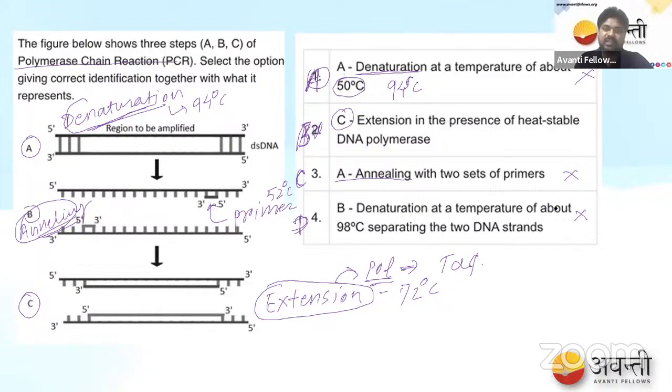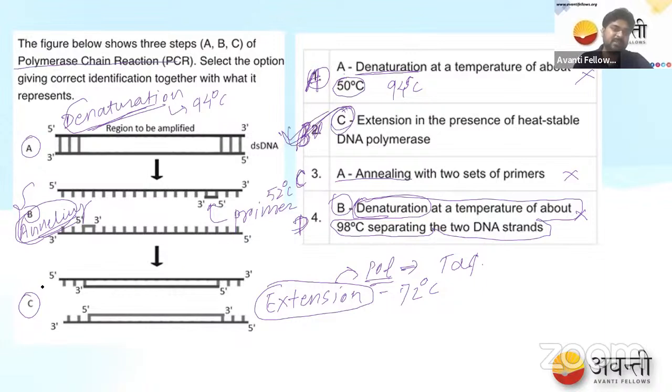So denaturation at the temperature about 98. ये सारा चीज correct है. No issue. 94, 98 डिग्री ठीक है, चलो चल जाएगा, कोई बात नहीं, एक टाइम के लिए मान लेते हैं. दिस स्टेटमेंट इज द करेक्ट, बट दे एडेड डीनेचुरेशन फॉर द बी पोर्शन, मतलब बी के लिए उन्होंने डीनेचुरेशन डाला, बट दैट इज बी पोर्शन, नॉट डीनेचुरेशन. वो कौन सा प्रोसेस है? एनेलिंग प्रोसेस. एंड दैट्स व्हाई ऑप्शन B is the correct option.